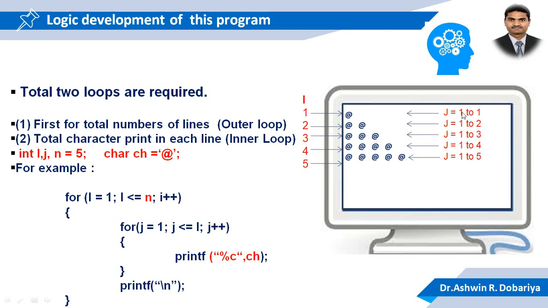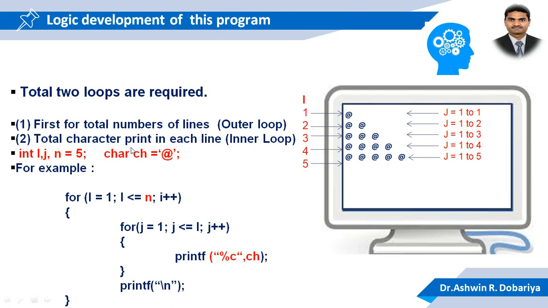So if we analyze the inner counter variable, it will start from 1, so j is equal to 1, and the ending limit depends on the outer counter variable. So here we can mention j is equal to 1, j less than or equal to i, whatever line number is there, and j plus plus. After that we want to print a character that is entered by the user.